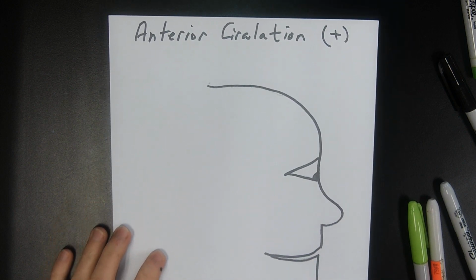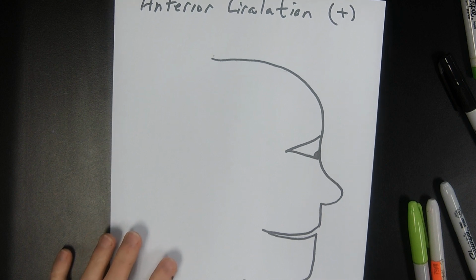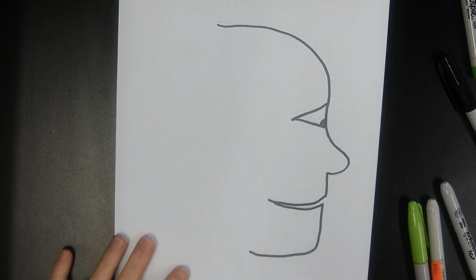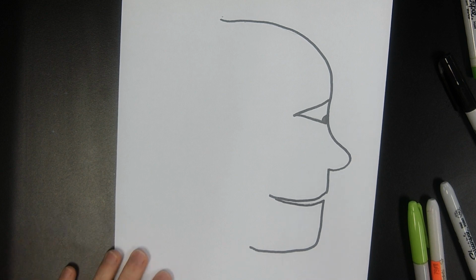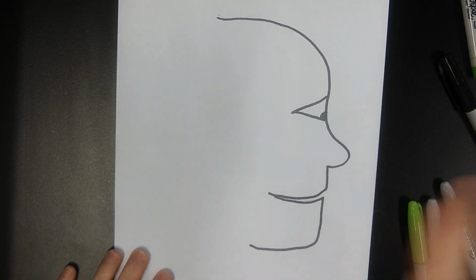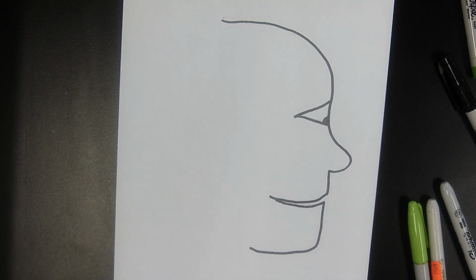So here's anterior circulation. Okay, somebody said this looked like SpongeBob. This is just my rendition of a side of a face. What you're looking at here is the right side of my face, so you're looking at me from this side over here.